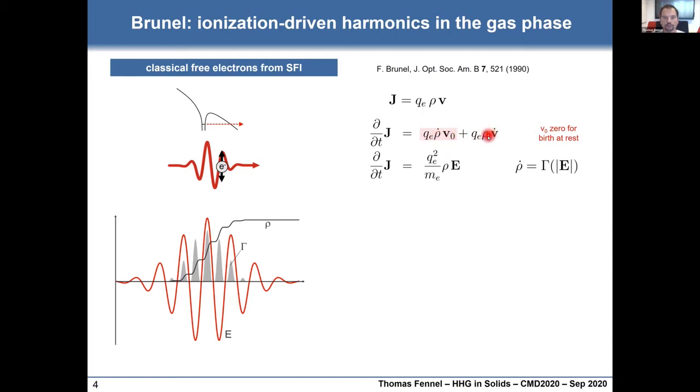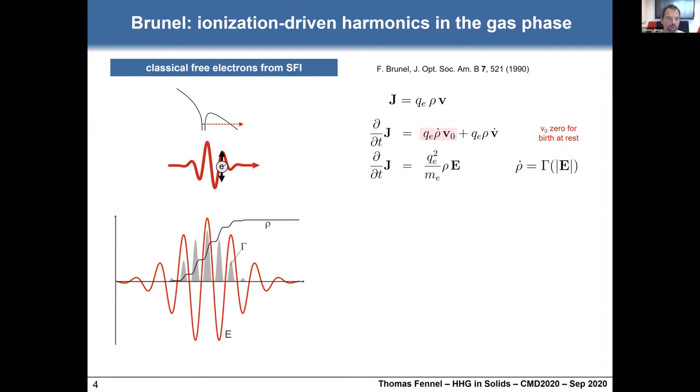And then there's also only the second term, which comes from the acceleration of the electrons that are already there. And we can just replace acceleration here by Q over m times electric field to arrive at this term here. So this is then basically the product of the population and the driver field. And so the population, if this unfolds due to, for example, tunneling rate, will create these steps.